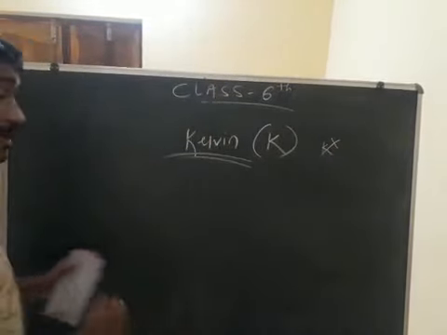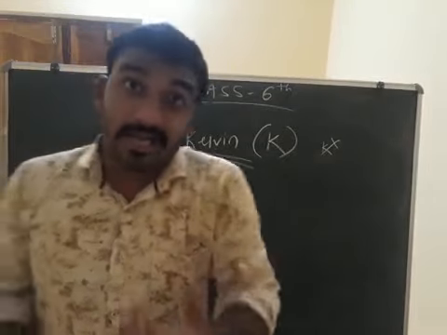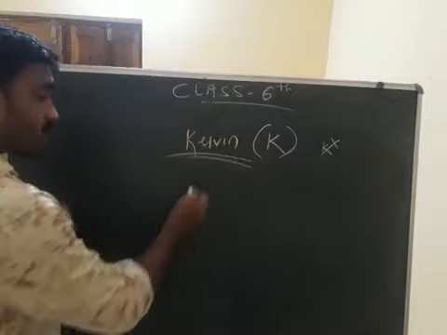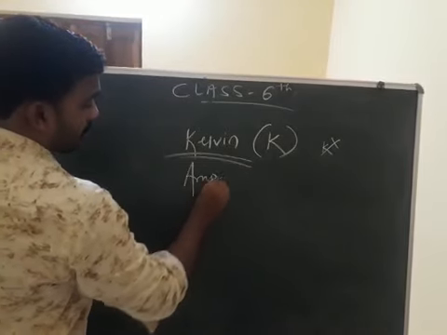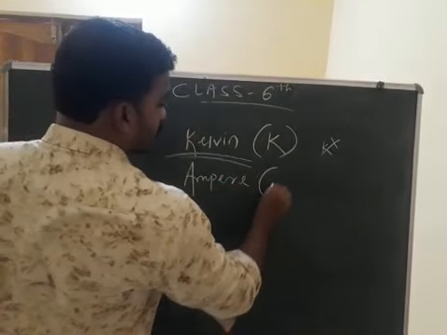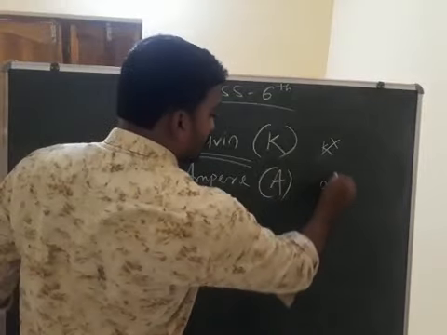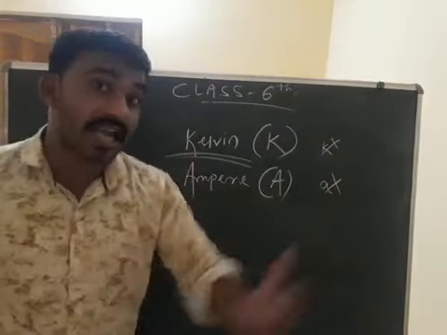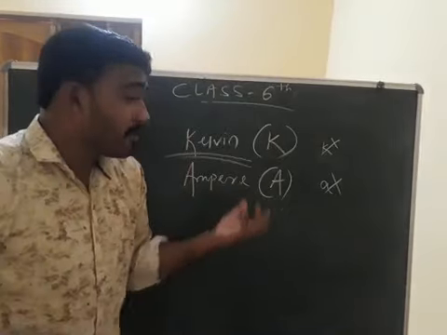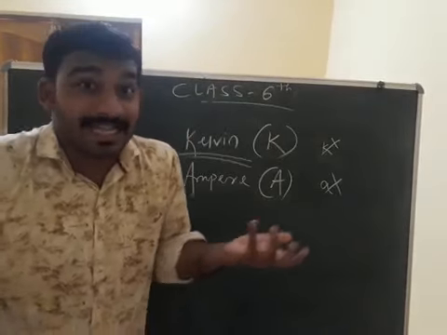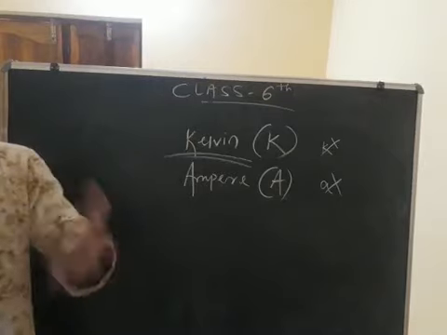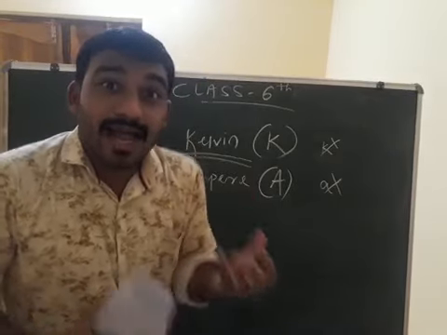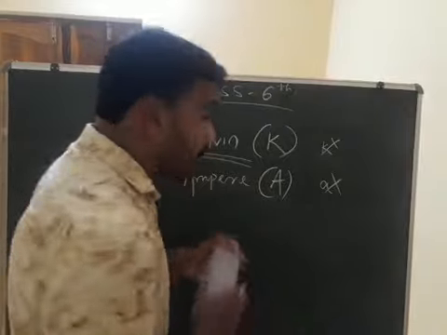Suppose another one, the SI unit of electric current. The SI unit of current is ampere. So you will write capital A, you can't write small a. If the unit is coming from a scientist's name like Kelvin, ampere, Fahrenheit, Celsius, understood? Next, you can't write the unit in plural form.